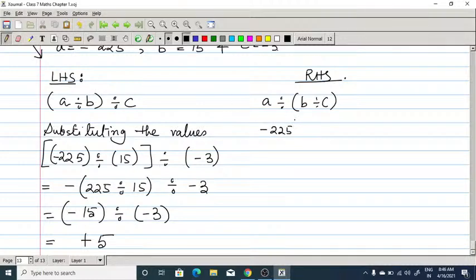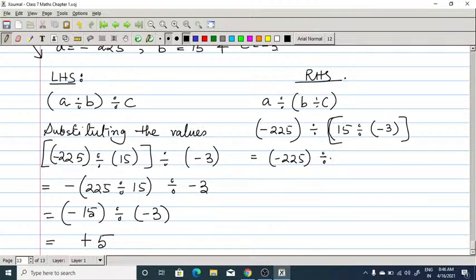Minus 225 divided by 15 divided by minus 3. Now this one will be a negative answer because this is positive and this is negative, and 5. So minus 225 divided by minus 5 will be positive because both are negative numbers, and this will be 45. So RHS is not equal to LHS. Verified.